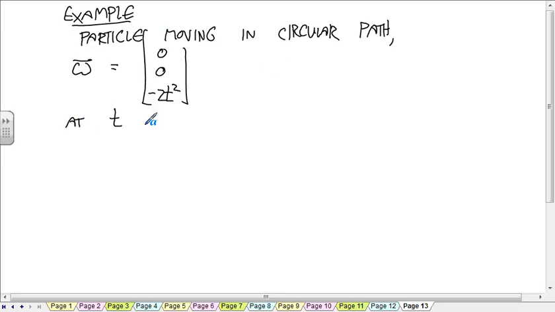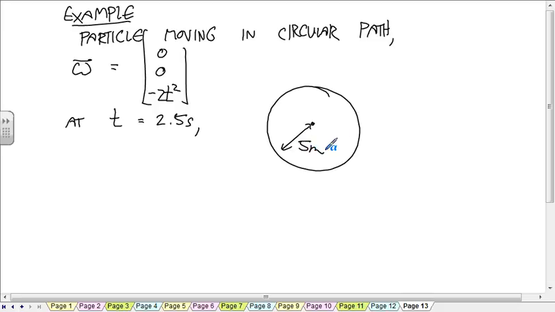And at the time 2.5 seconds, the particle is in this position. So the circle has a radius of 5 meters, and at time equals 2.5 seconds, this is the particle. And we want to know what are the particle's velocity vector and the particle's acceleration vector.